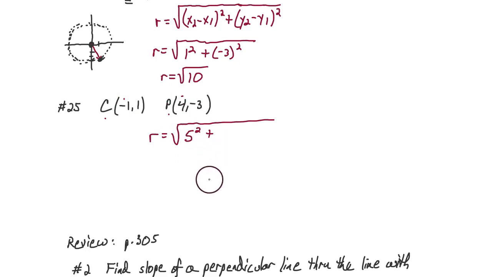Now the difference of the y's. From a 1 to a -3 is -4 units. Next step. 5 squared is 25, and -4 squared is 16. And those add up to a 41 in the radical. That doesn't simplify, so there's our answer.